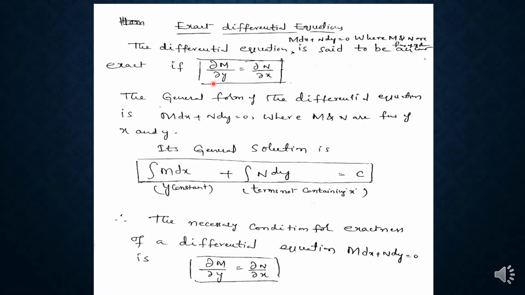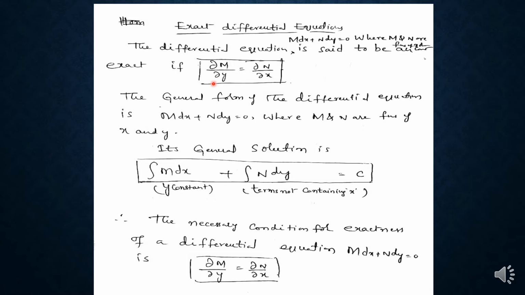While integrating with respect to x, we will treat y as constant, plus integral N dy. We should remember that while taking the function N, we should take only y terms and constants. So the terms should be free from x, terms not containing x. So that is equal to c.